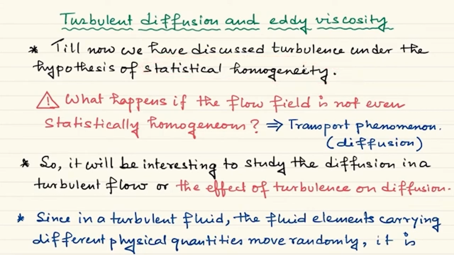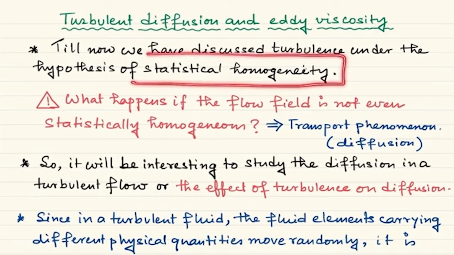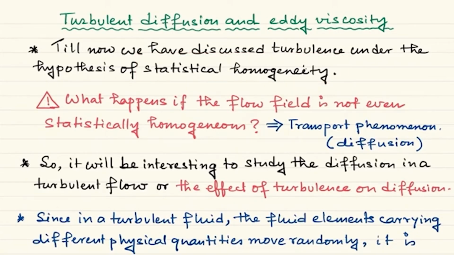Here I have just taken, for convenience, this assumption of statistical homogeneity. Now let's say we have a system where even the statistical homogeneity cannot be applied. That means the system has very strong local gradients.